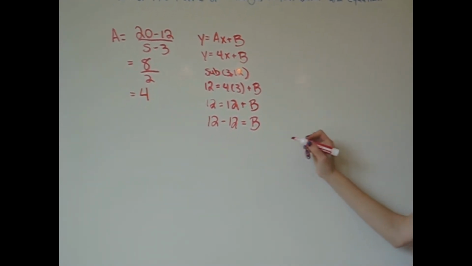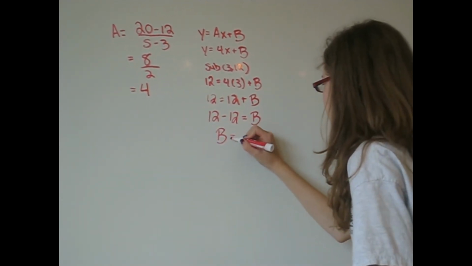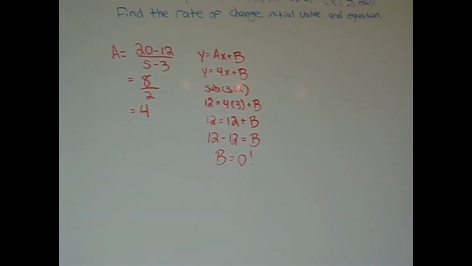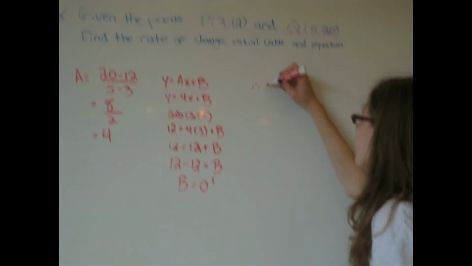B equals 0. That means there is no initial value. Therefore, our equation is y equals 4x plus 0.